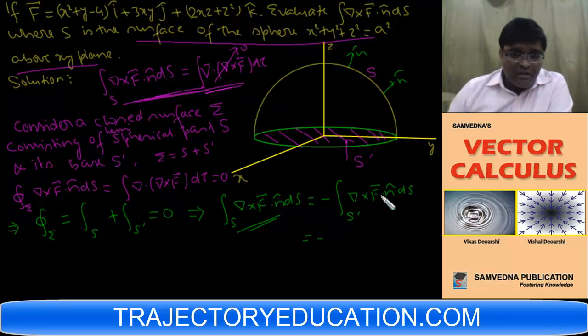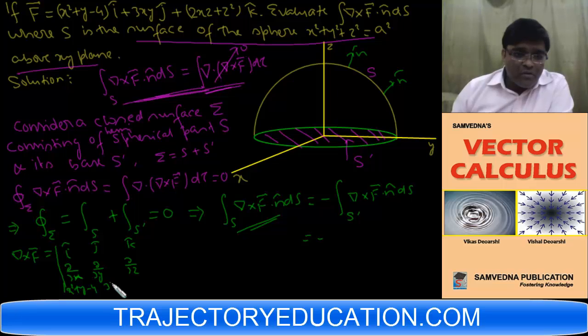First of all, let me find del cross f over here. Del cross f will be equal to the determinant with i, j, k, then d by dx, d by dy, d by dz, and x square plus y minus 4, 3xy, 2xz plus z square.